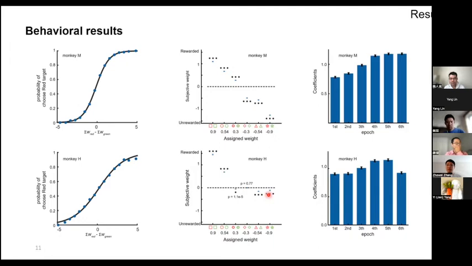To deal with this problem, we actually use the subjective weight, not the predefined weight, in the GLM. So we use what the monkey learned from this task to analyze their neuron weight. I think that makes sense, and it won't cause any problem.